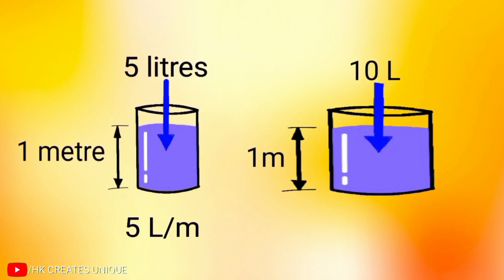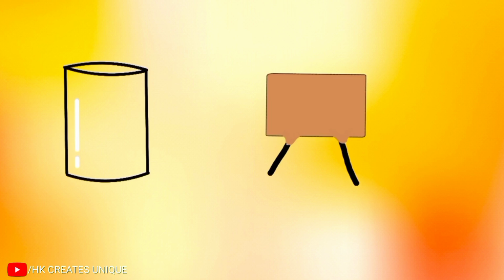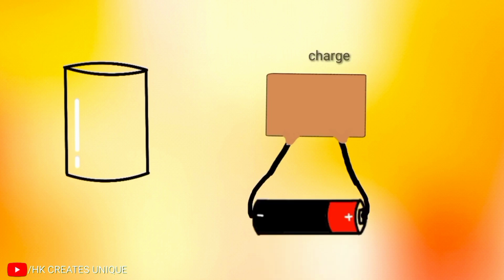If another bucket can store 10 liters of water at the same water level, the capacity of the second bucket is therefore 10 liters per meter. We can say that the second bucket has more capacity than the first one. Similar to the bucket, a capacitor has a capacity for storing, but not water, it is charge.